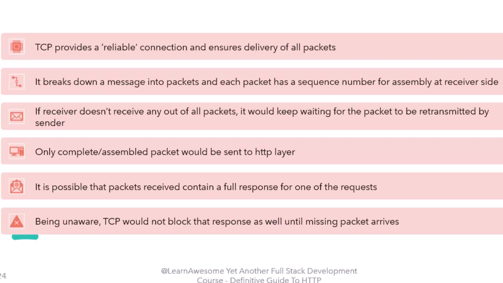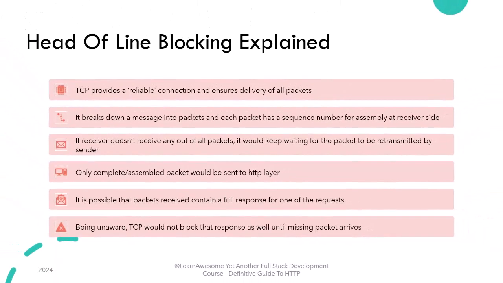Now imagine the packet 3 and 4 had a complete response for another HTTP request, independent of the request whose response is blocked due to missing packet 2. But TCP does not know that, and so it won't deliver the full response received to the HTTP layer until packet 2 arrives, at which time it would send the two responses to the HTTP layer in one go.